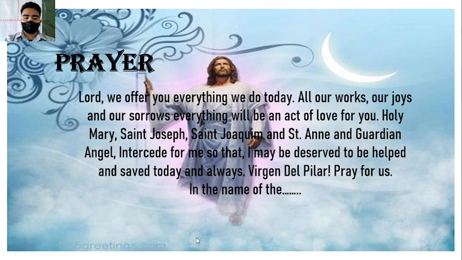Everything will be an act of love for you. Holy Mary, Saint Joseph, Saint Joachim, and Saint Anne, guardian angel, intercede for me, so that I may be deserved to be helped and saved today and always. Virgen del Pilar, pray for us. In the name of the Father, the Son, and the Holy Spirit. Amen.